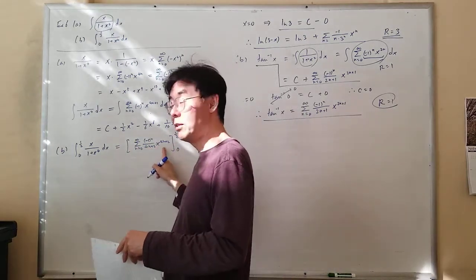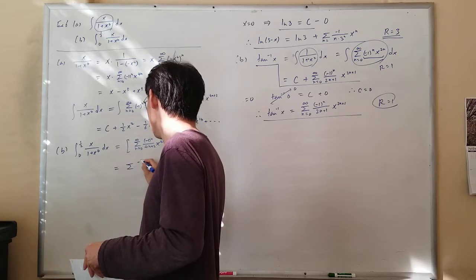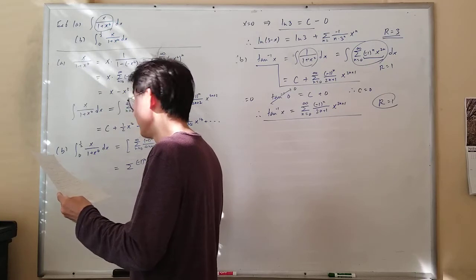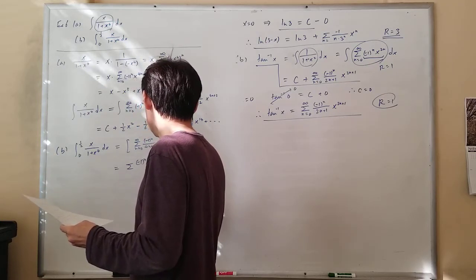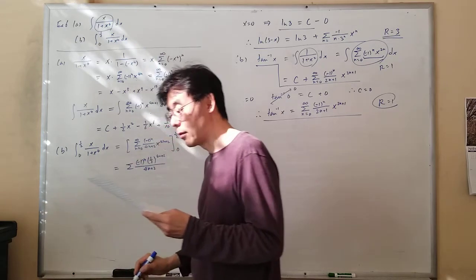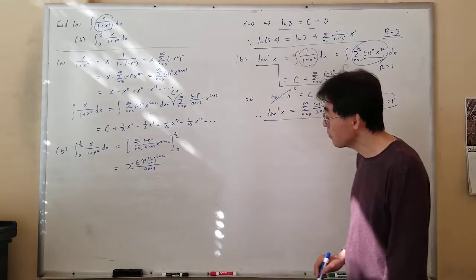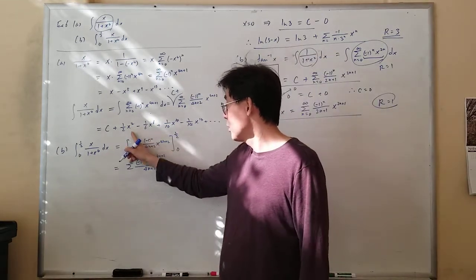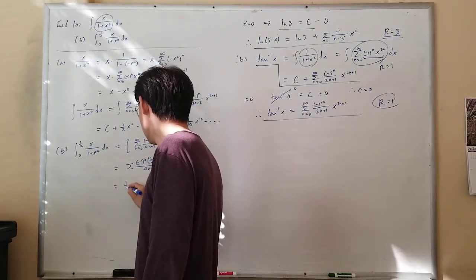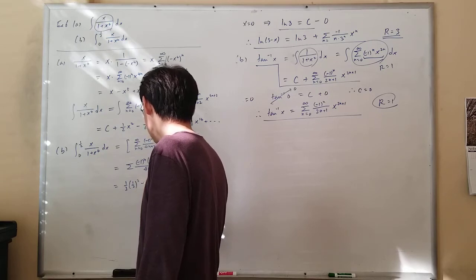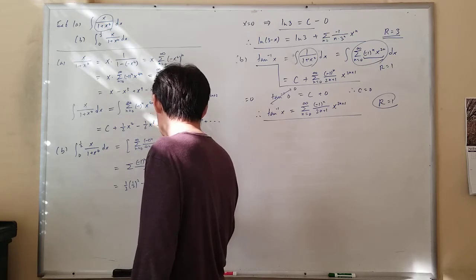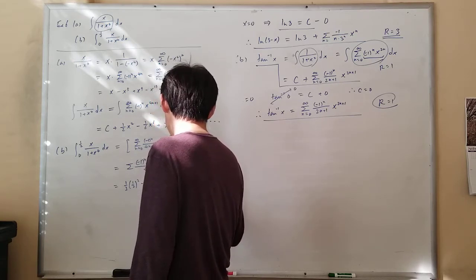Plugging in 0 will give 0, so this is just minus 1 to the nth over 4n plus 2 times 1 half to the 4n plus 2. So you just replace x with 1 half, that's all. So let's write it: 1 half of 1 half squared, 1 over 6 times 1 half to the 6th, 1 over 10 times 1 half to the 10th, 1 over 14th.